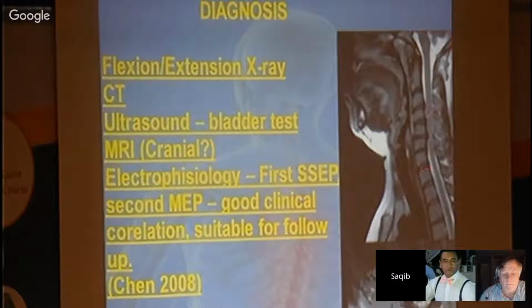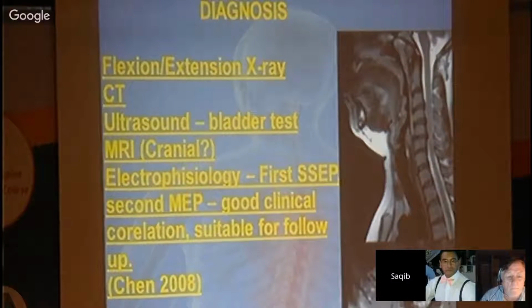Nowadays, MRI scans could also provide oblique views, so you could replace the foramina views of the CT scans with that. Ultrasound for bladder test to see how much we have post-voiding. Sometimes you could consider a cranial MRI scan as well. I have a few patients in whom I found NPH together with a narrow neck.